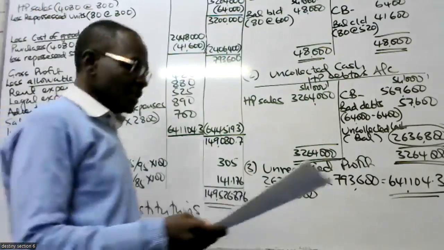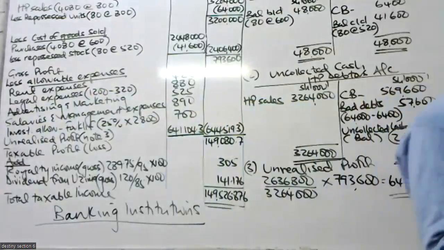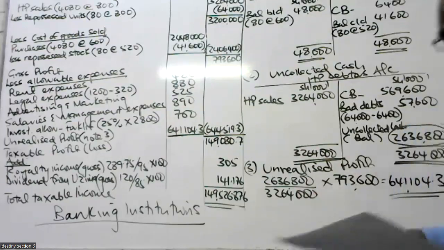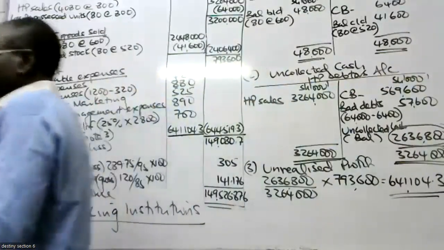Then C, interest on advances to customers.